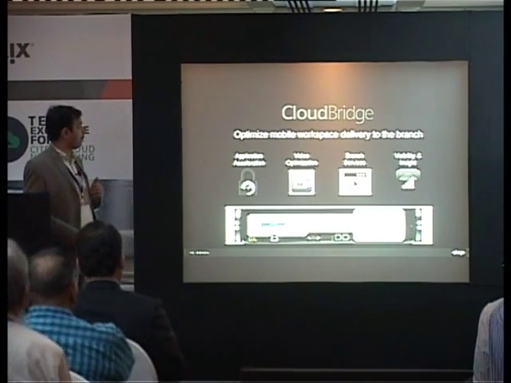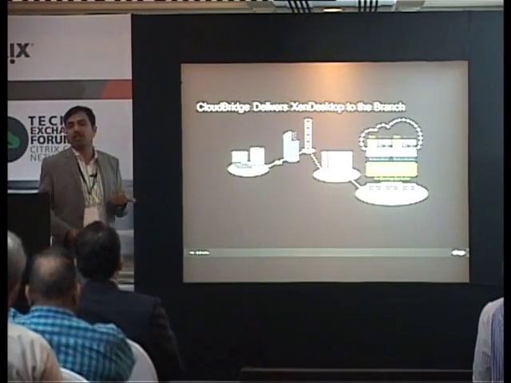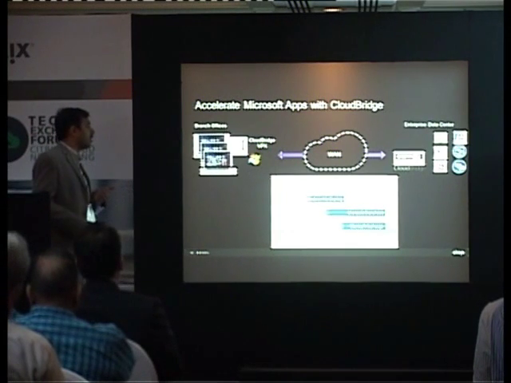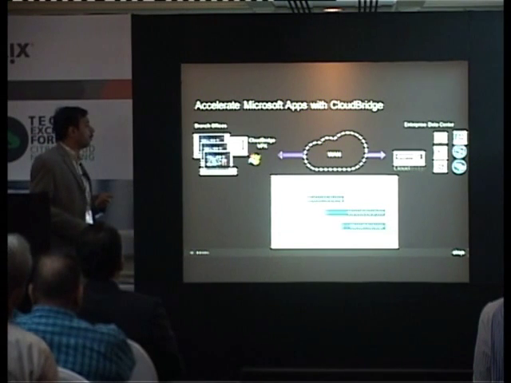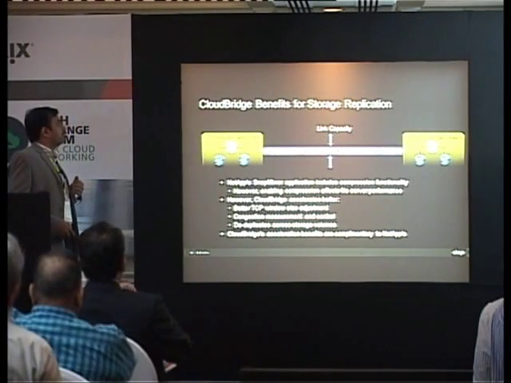So let me talk about the application acceleration. We can accelerate the traffic, which is ICA traffic, which is for Citrix XenApp, XenDesktop. We can optimize the traffic which is for Microsoft file share, CIFS, MAPI, and all that. And the optimization can be 100 times, 200 times, 80 times, and much more, right?